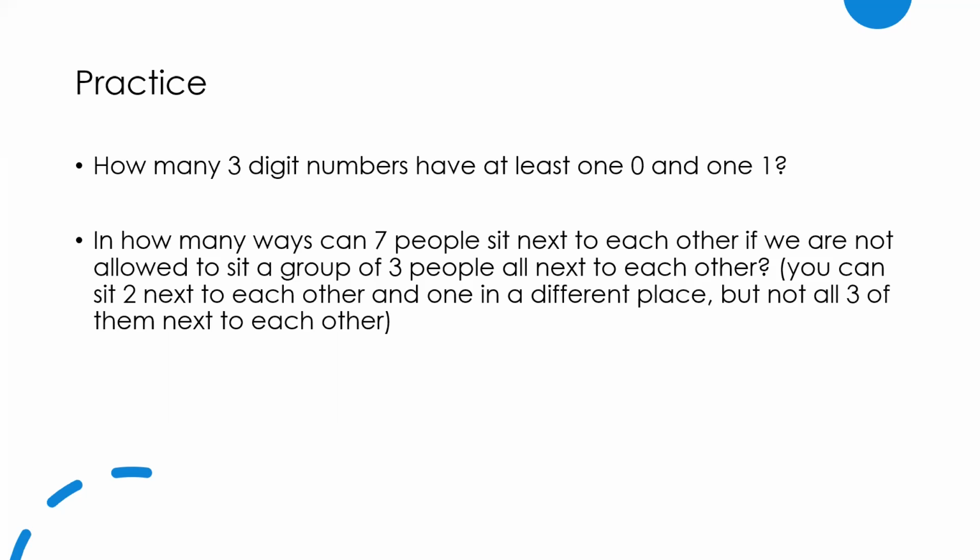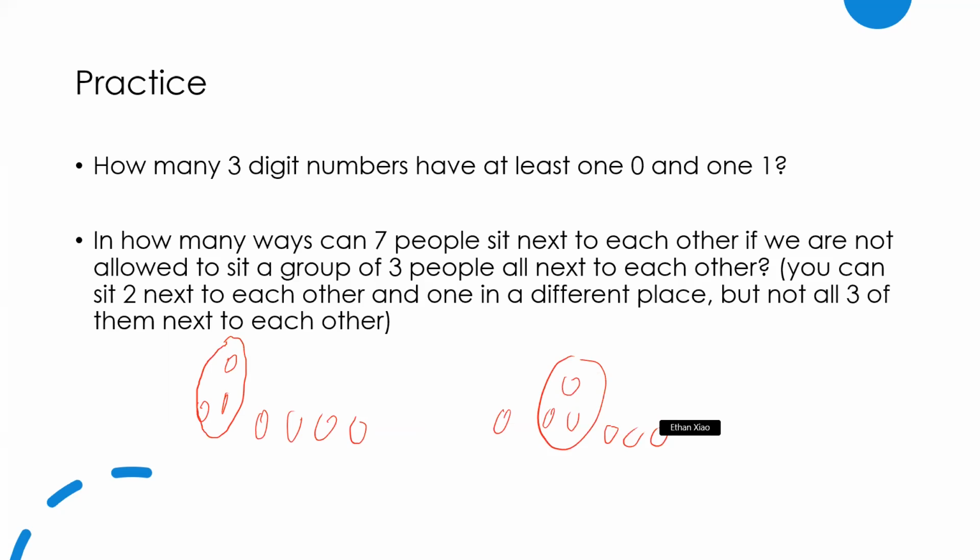Let me just draw all the possible things you can do. Let me draw it as a big circle. This is the super person, aka the 3 people. Let me just draw the 3 people. And you can just draw the last 2 and you'll find that there are 5 different possibilities where you can have the 3 people sitting right next to each other.